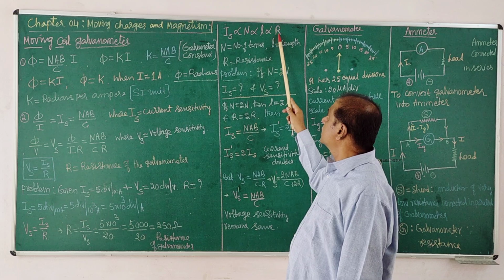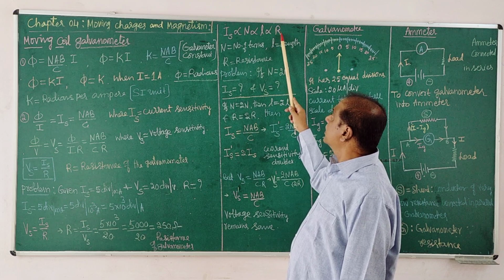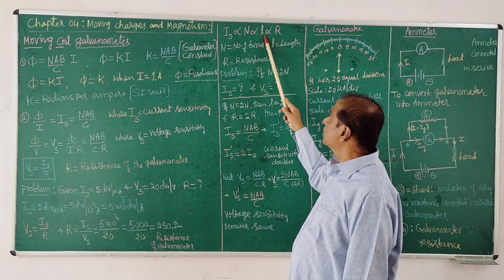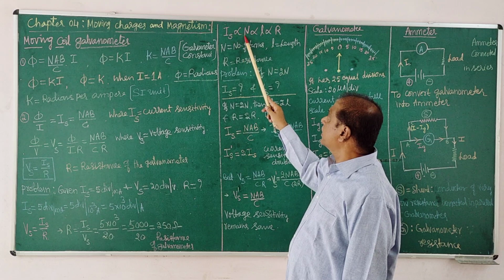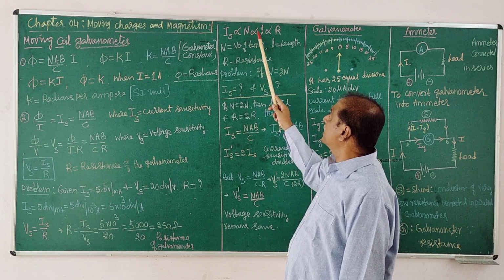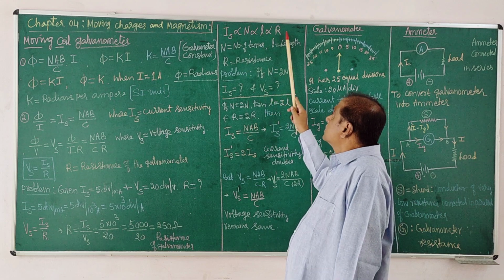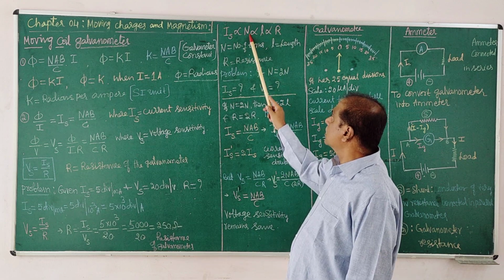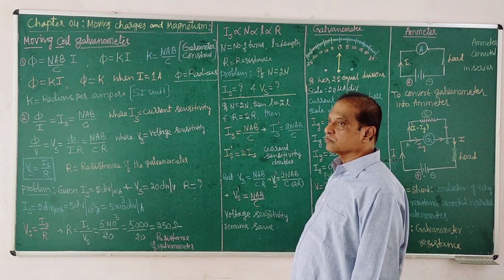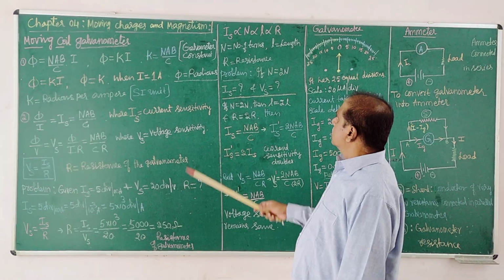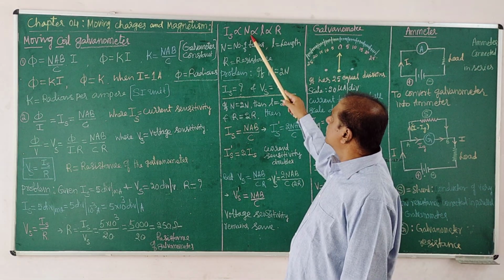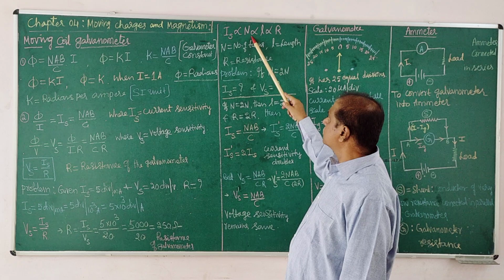As you know, resistance of a wire directly depends on the length. So it is proportional to n, L as well as R, directly or indirectly like this. So on this concept, let us work out problems.